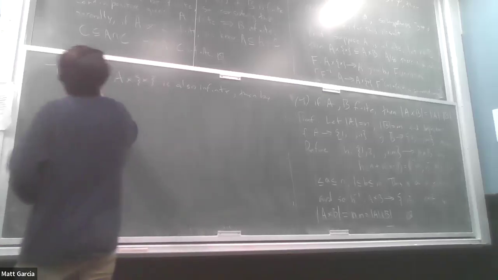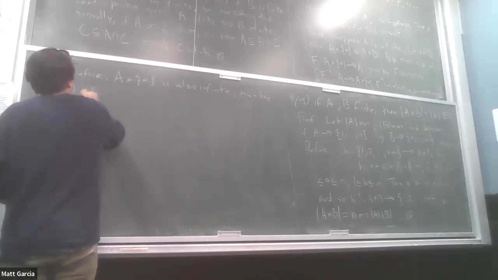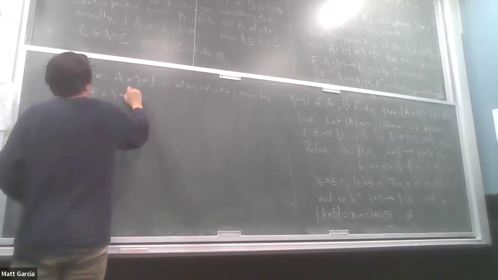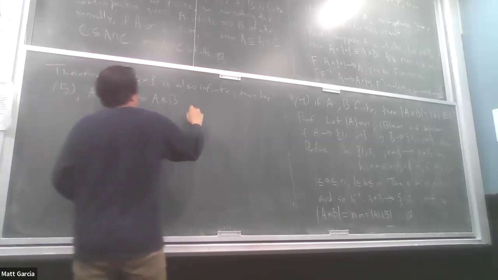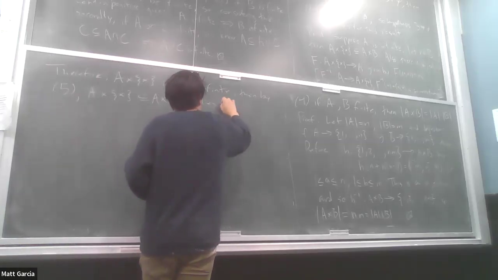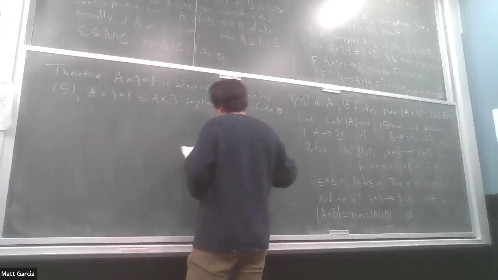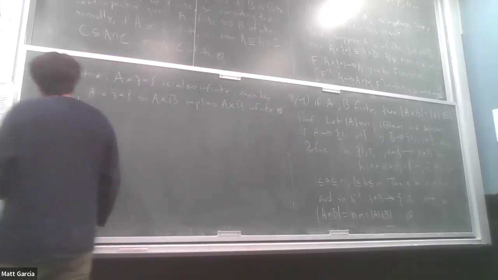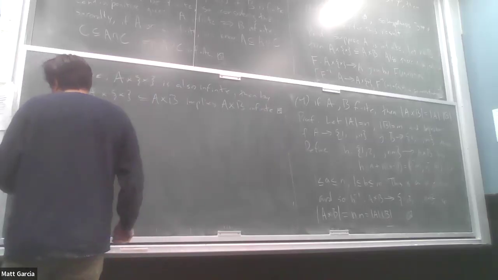Then by part 5, we find A cross B is infinite. Okay. Couple more properties.